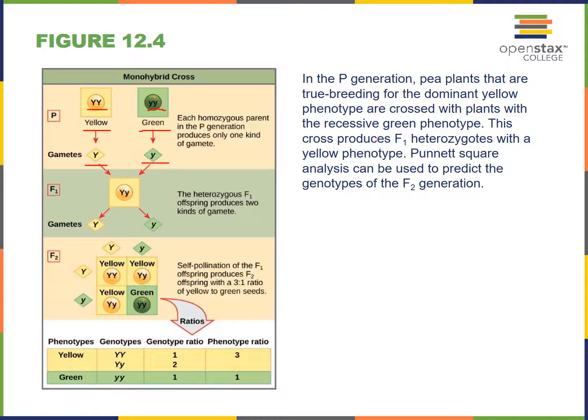And your green true breeding plants would only give you that possible gamete. And this would explain why you got a 100% ratio in the F1 generation. So if you look at that chart back on page 325, if you look at the F1 offspring, they're 100% the dominant trait. And this is kind of how he learned which trait or which phenotype was dominant. So here 100% were yellow.